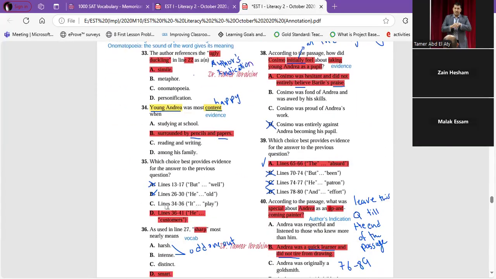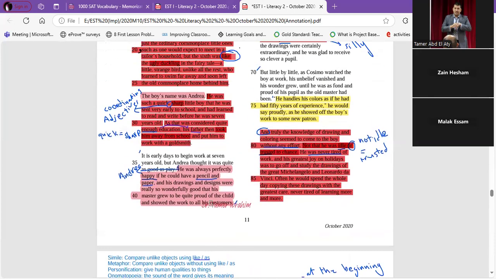Let's go for C. From 34 till 36, from it till play. From it till play. There is it. Take a sentence before. From here, yes. As that was considered quite enough education, his father then took him. Again, him.